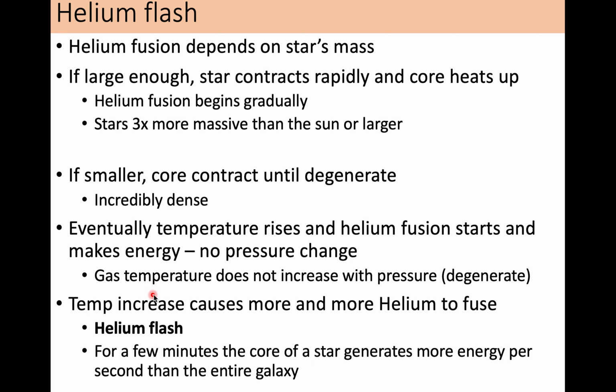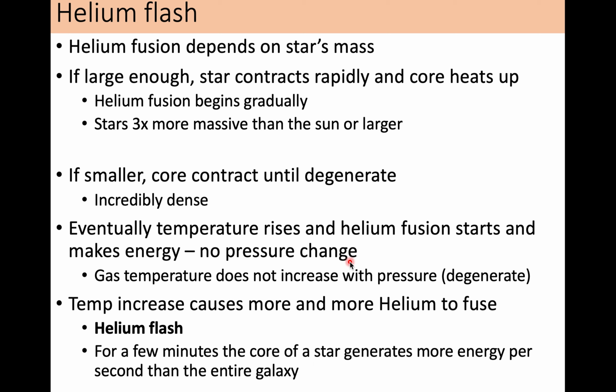The temperature increase will cause more and more helium to fuse. And at some point, for just a few minutes, the core of this star that was made of degenerate material will start creating more energy per second than the entire galaxy. And it only lasts for a few minutes.